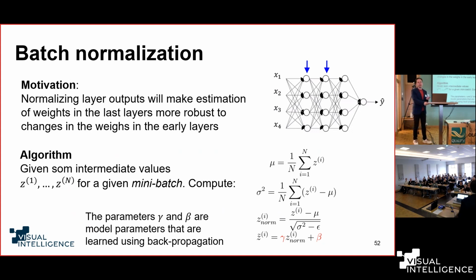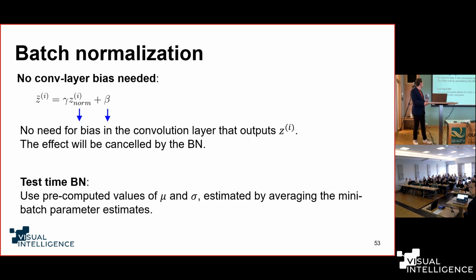But this is a useful thing to do, and it often gives you better results. So batch norm layers are very often included. At test time, you're using some pre-computed values of these parameters, so they are estimated during the training. Okay, but if you use batch norm, there's no need for this bias term in the convolutional layer because they are canceling out anyway. So this is pretty standard.